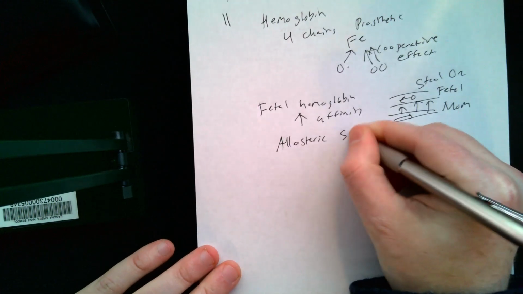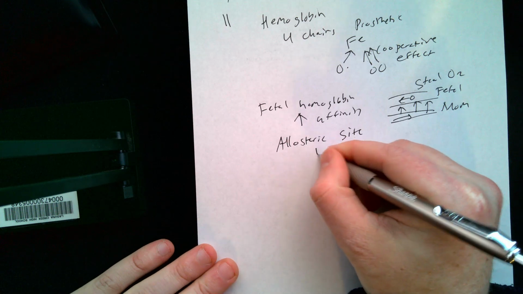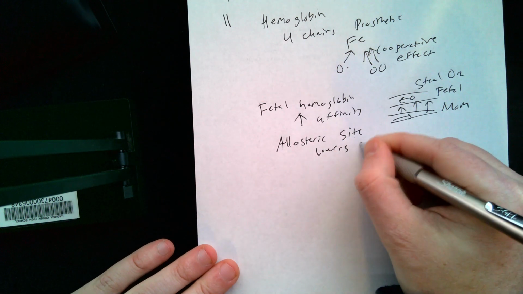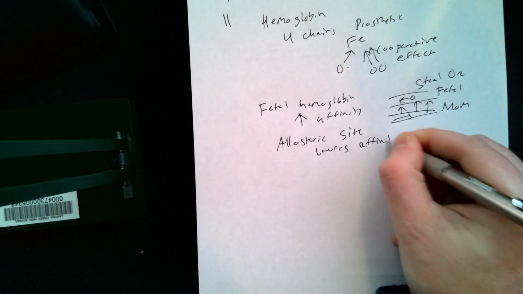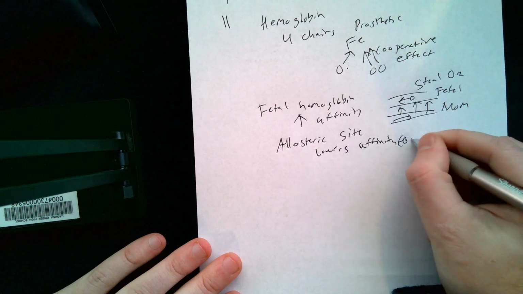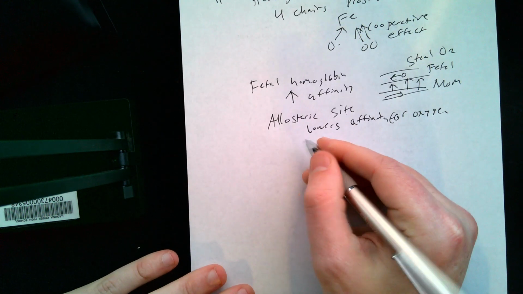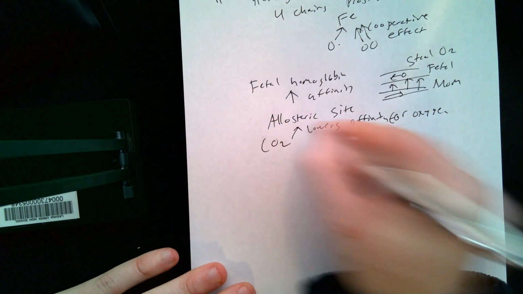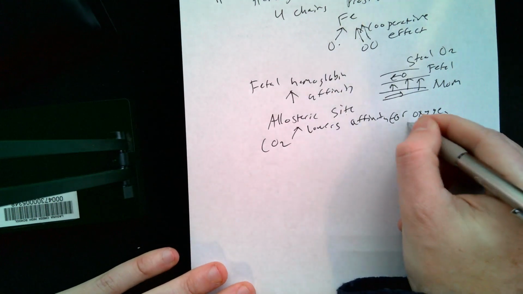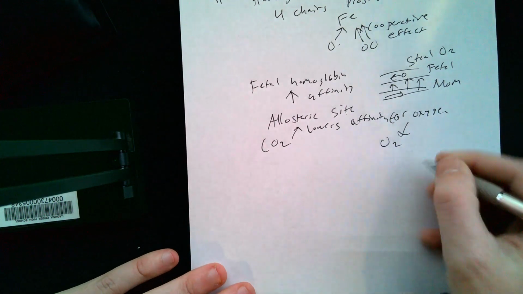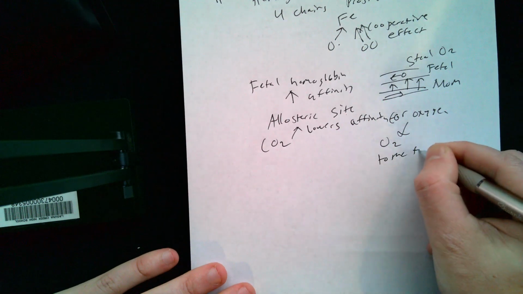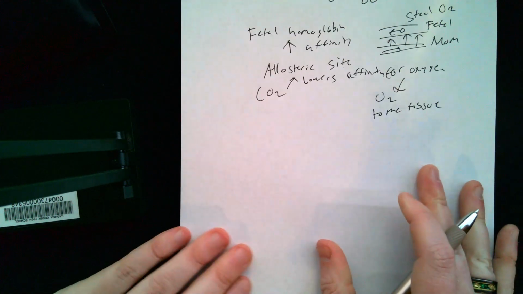Remember, allosteric sites are for inhibitors, and it actually lowers the affinity, in both adults and fetuses, for oxygen. So CO2 will attach to the allosteric site and lower the affinity for oxygen, which is going to cause oxygen to be released to the tissue, which the tissue needs, right?